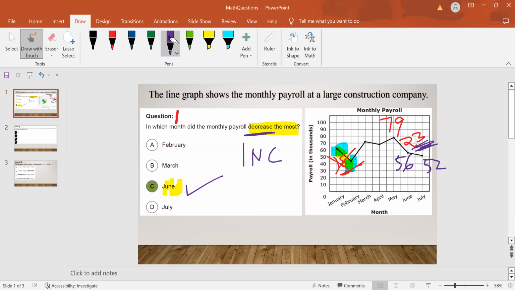Why not? That can happen. If that is the case, what do we need to focus on? We need to focus on the sections of the graph where the graph is going up, because they say increase. We're going to focus on this part and this part. Only 2 parts, because for those 2 parts the graph is going up.